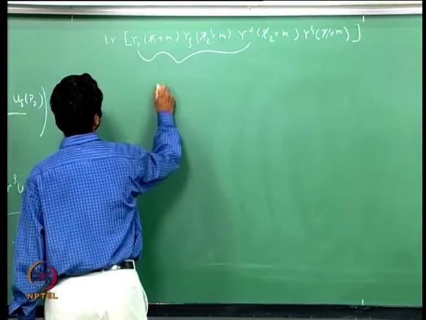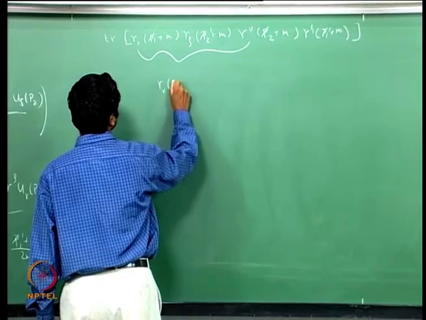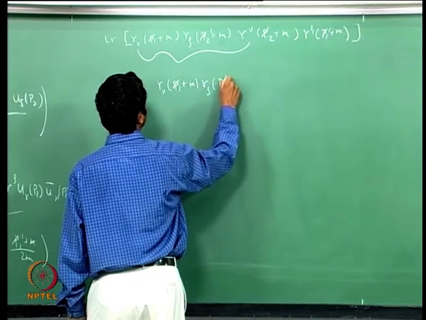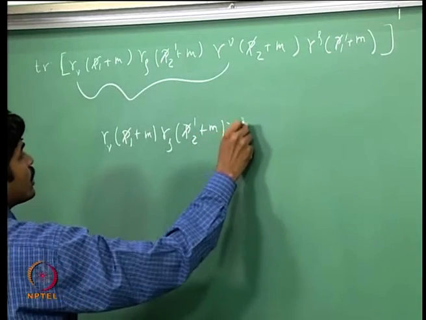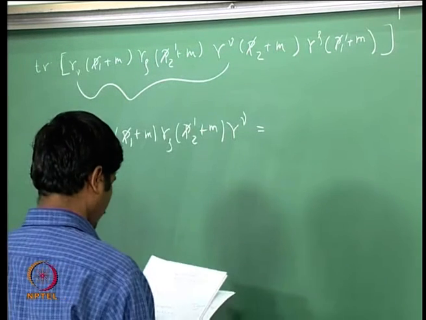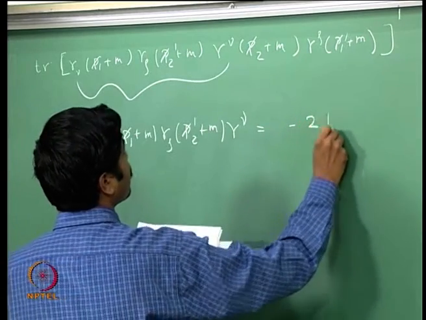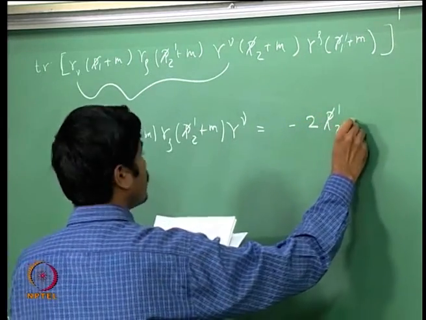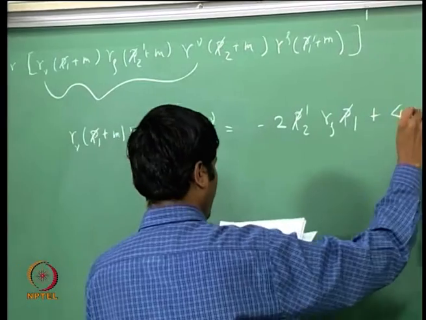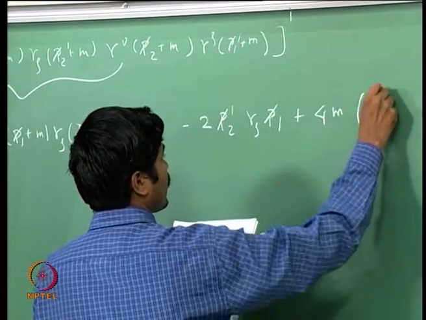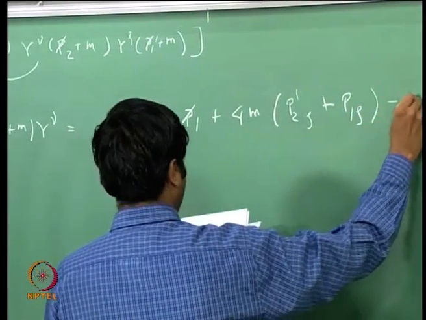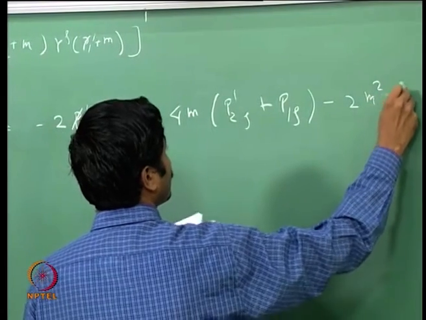What I will do is show that gamma nu (P1 slash plus m), gamma rho (P2 prime slash plus m), gamma nu is equal to minus 2 P2 prime slash gamma rho P1 slash plus 4m (P2 prime rho plus P1 rho) minus twice m squared gamma rho.